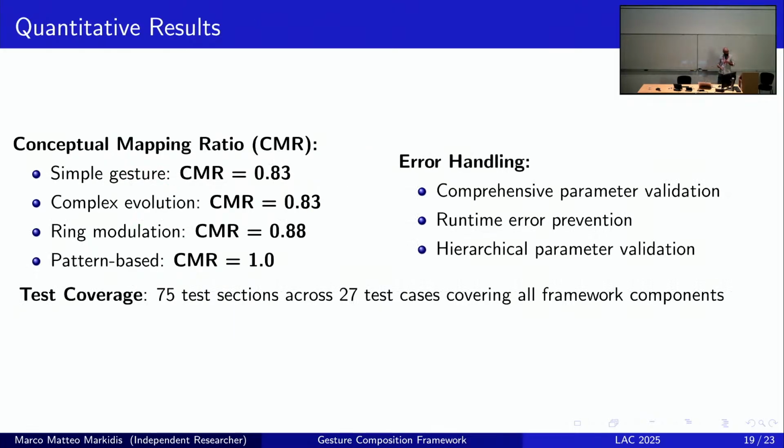So, some results. I managed to attain a quite high conceptual mapping ratio for the gestures I analyzed. And also I managed to attain a quite comprehensive parameter validation and runtime error detection. Indeed, I have tested quite extensively.